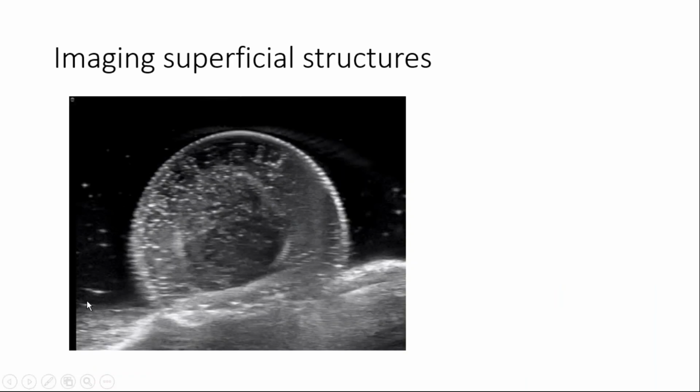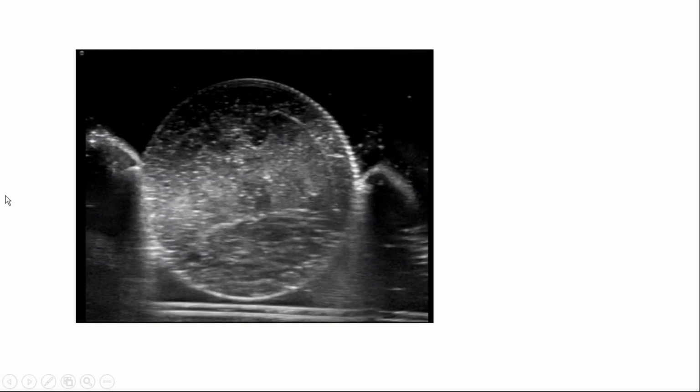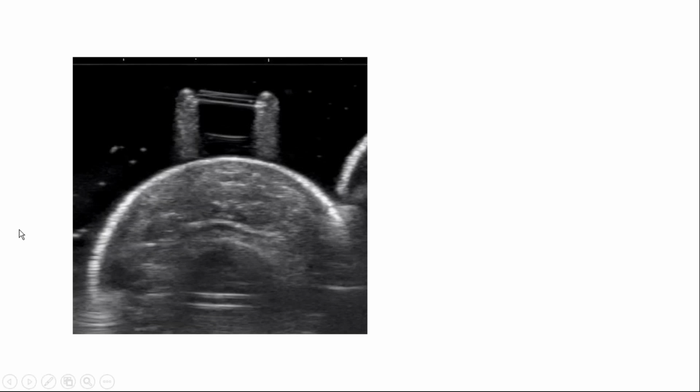Okay, so now a quiz question. So that's an image on the left, and you can see that. Now, any guesses what that is? Looks like a quarter. You're right. That is a quarter. Okay, so now the next one, a quarter again, right? Yes. So okay, now how about this one?